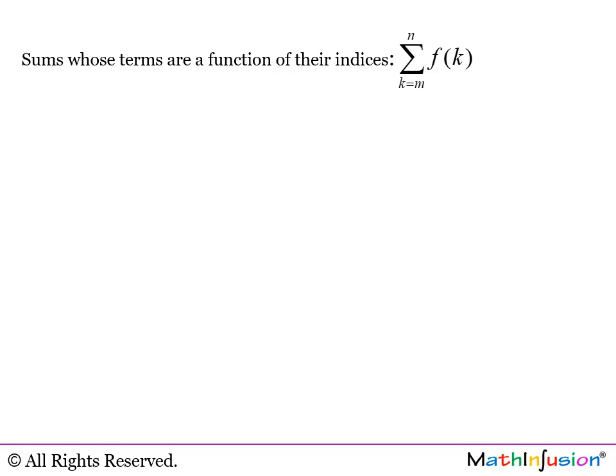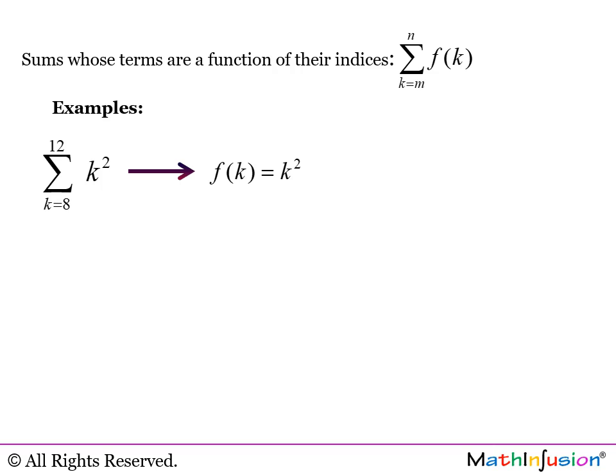Sums whose terms are functions of their indices. It means that the sum is a sum of f of k, and k is the index. It means that you have to sum up some function of the index k. Let's do some examples. In this case, the function is k to the power of 2.